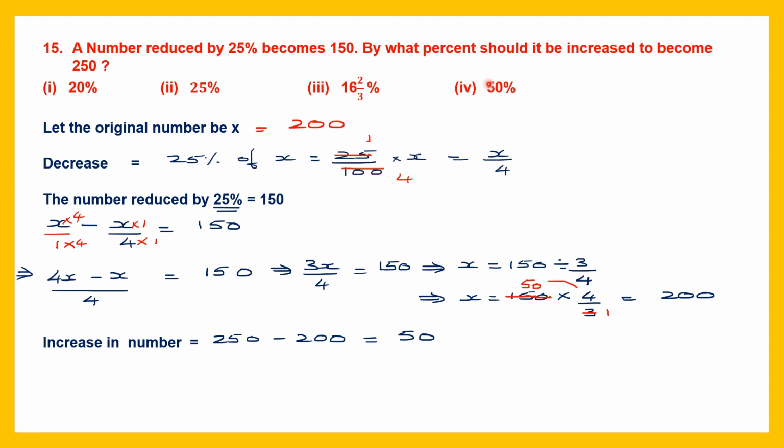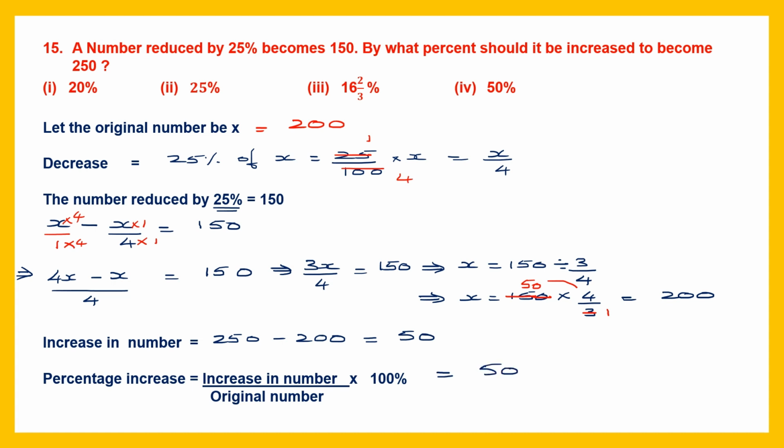Now here we are asked to find the percentage of this increase. So to find the percentage of increase, we have to follow this. Percentage increase is increase in number divided by the original number into 100%. So the increase in number is how much? 50. Original number is 200, and this we have to multiply into 100%.